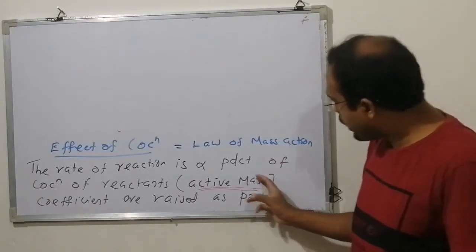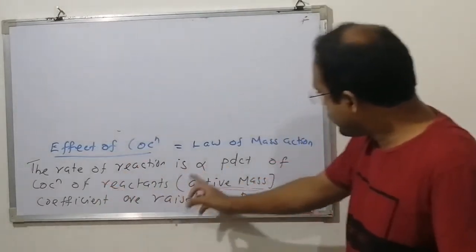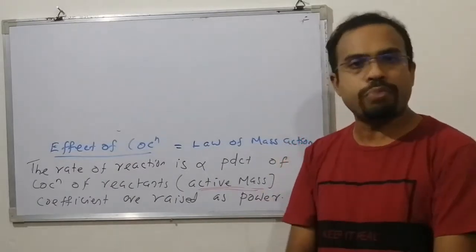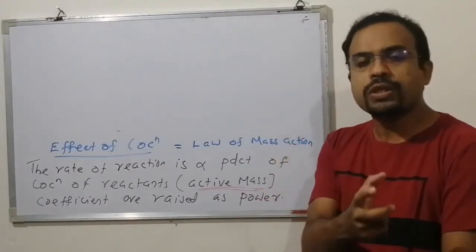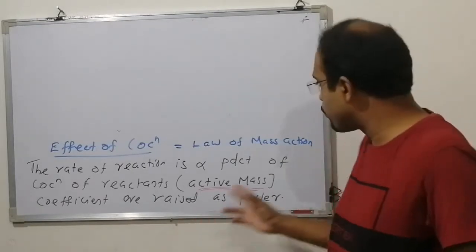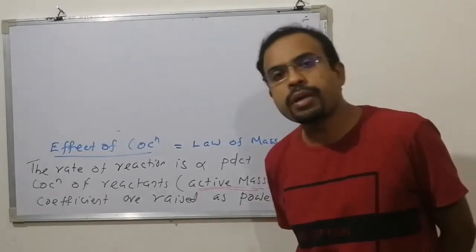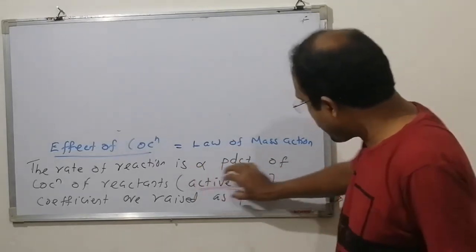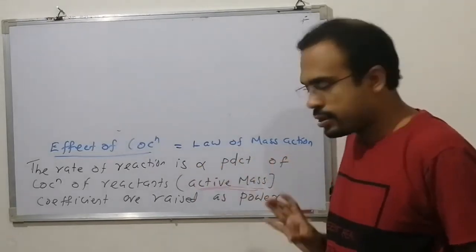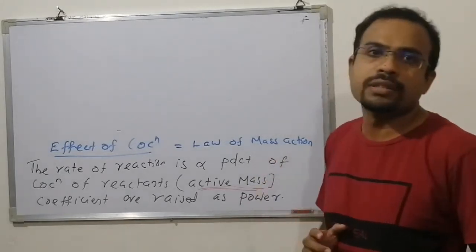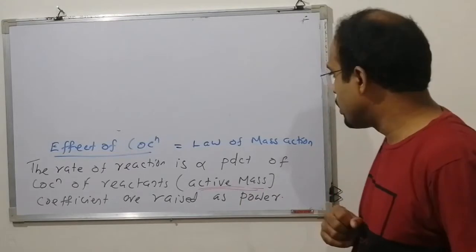Therefore, when you take the product of concentration of reactants, you don't take the 1 mole completely. Instead, you take 0.9 mole, because that is actively involved in the reaction. That's the meaning of active mass. We will discuss this effect of active mass in detail in higher classes. But please keep this word in your mind. That's very important.